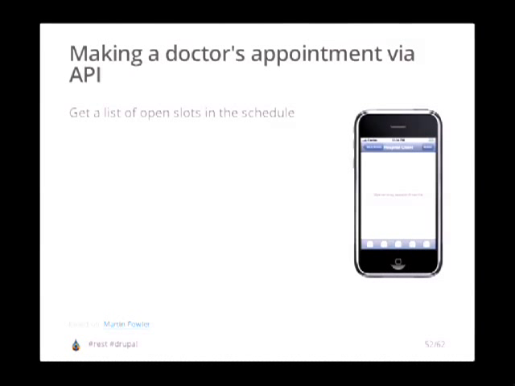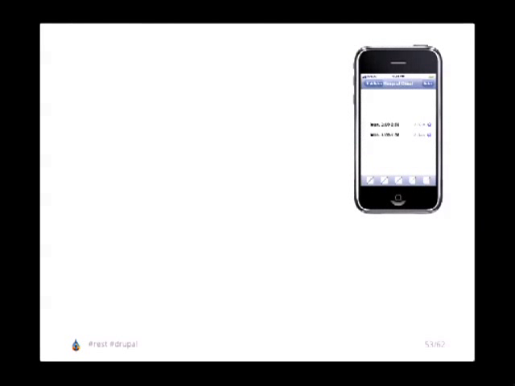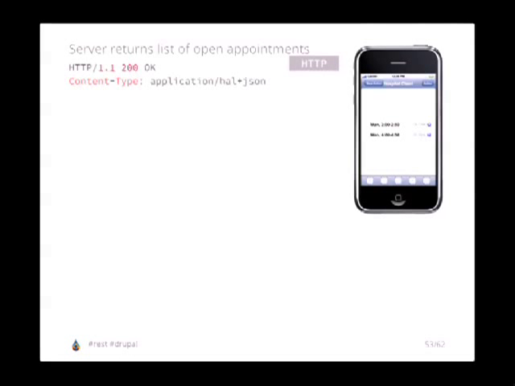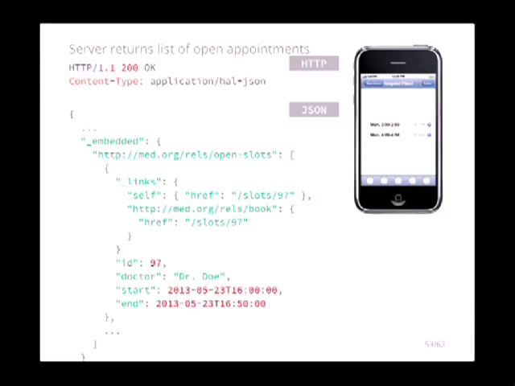So you could develop an API for this, and the way that this API interaction would go is the client, the phone, would get a list of open slots in the schedule by sending a GET request. Then the server would return a list of open appointments. And in this list of open appointments, we're using HAL here, so we have a little bit of understanding of the structure of the data that's coming back.